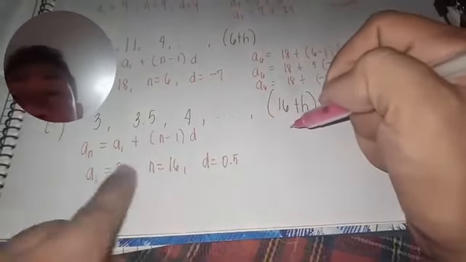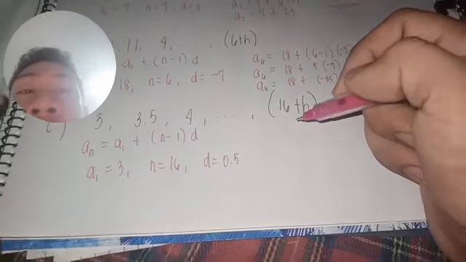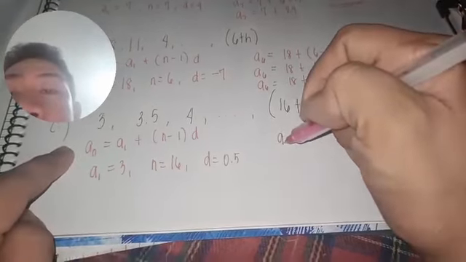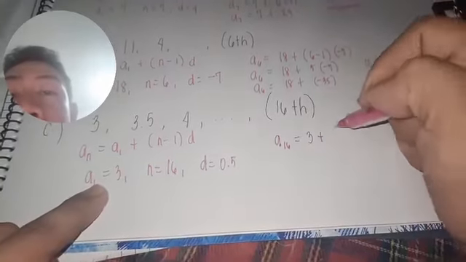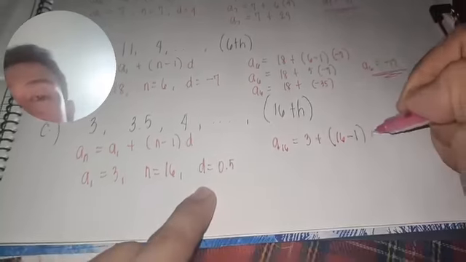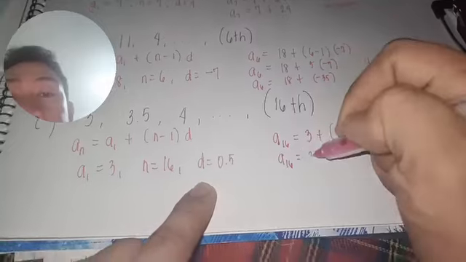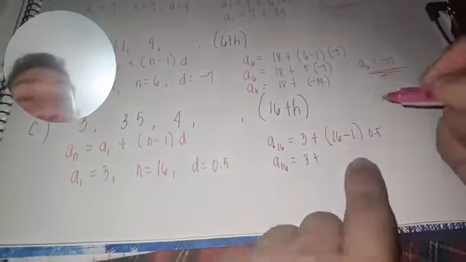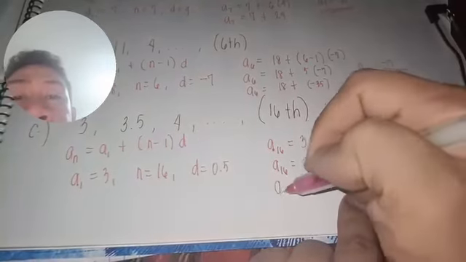Then plug these values into the formula. a sub n is equal to a sub 1 plus n minus 1 times the common difference. Then do the groupings. Copy 3. 16 minus 1 is 15 times 0.5.